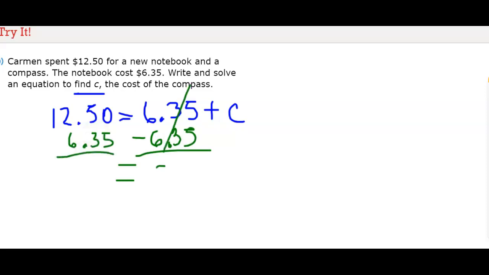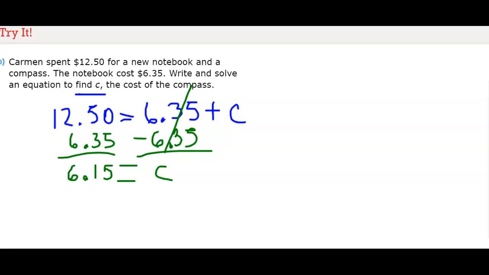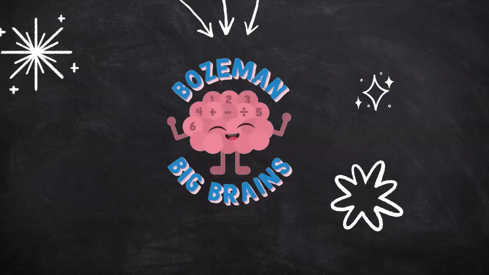That cancels out. We're left with C. And then when you subtract $6.35 from $12.50, you get $6.15. So the cost of the compass is $6.15.